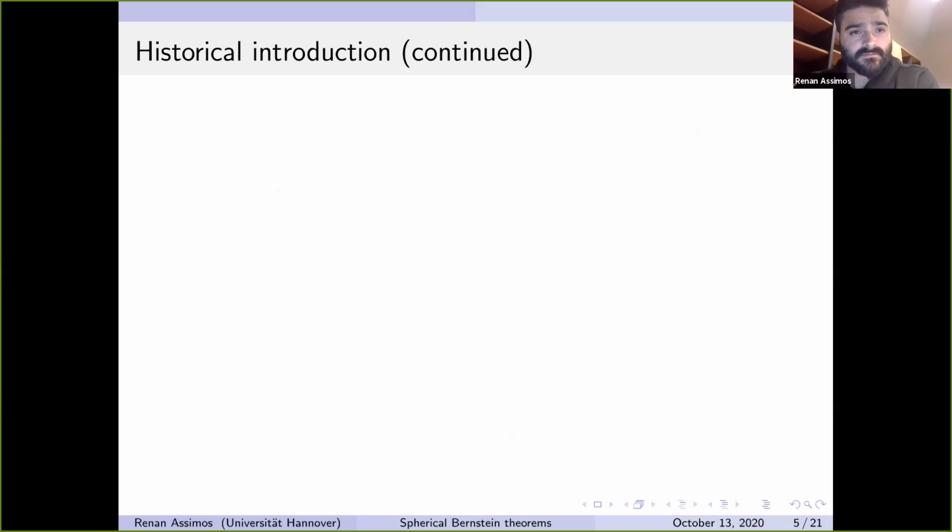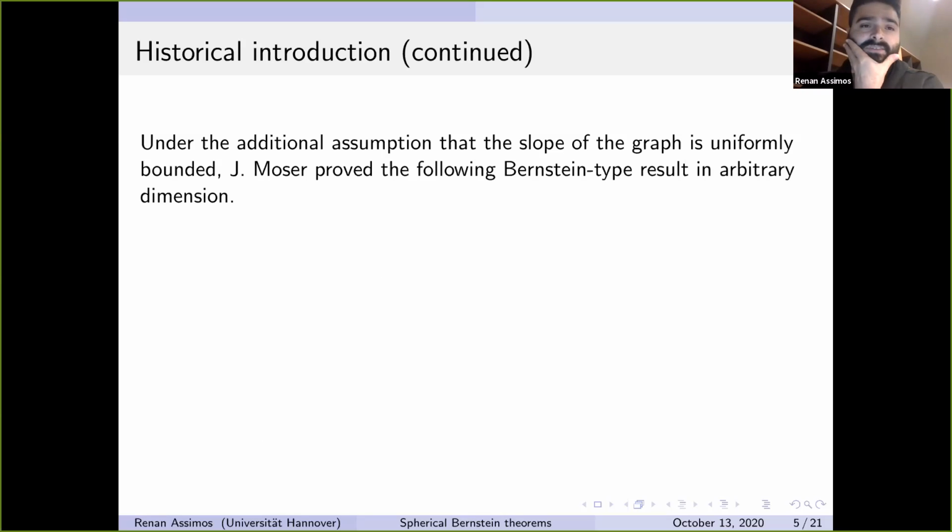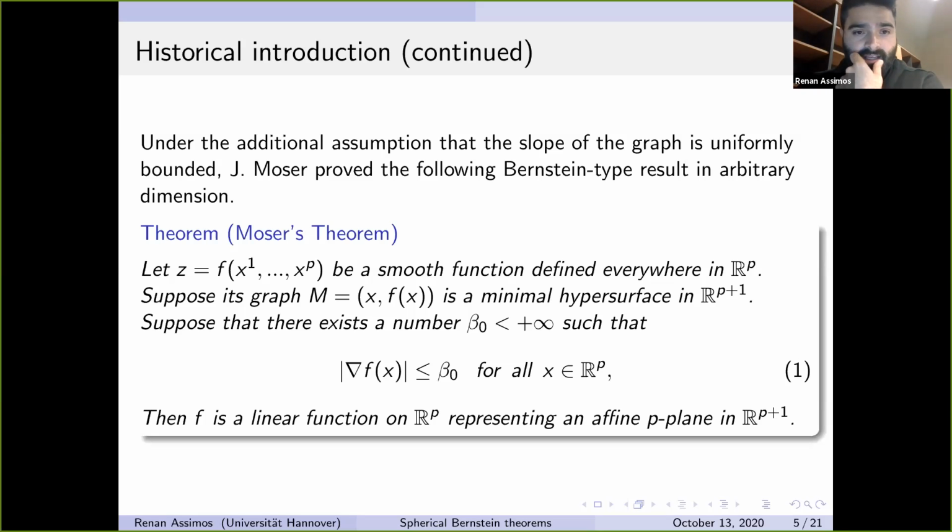Still, in the classical case of Bernstein, there was a result by Moser, actually from 1961, before the result of Simons, that is a positive result of Bernstein type, but it has an additional assumption. He takes a function f defined on Rp for any p, taking values in R, and supposes that the graph of this function is a minimal hypersurface in Rp plus 1.